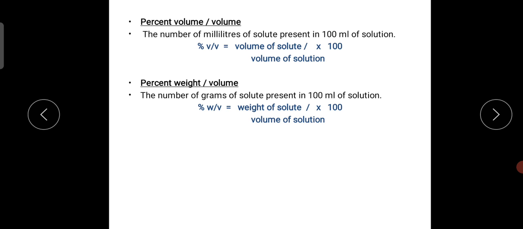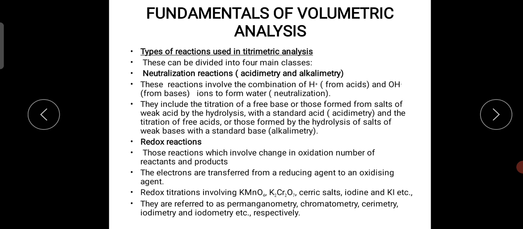So these are the methods for expressing solution concentrations. Then fundamentals of volumetric analysis. As we discussed earlier, there are many types of reactions: acid-base reaction, redox reaction, precipitation reaction, complexometric reaction, etc. Mainly 4 reactions.